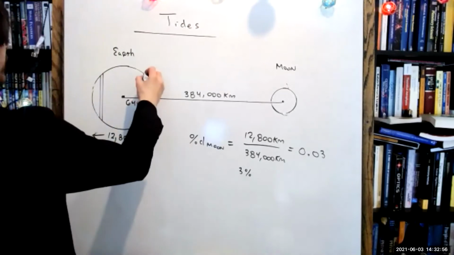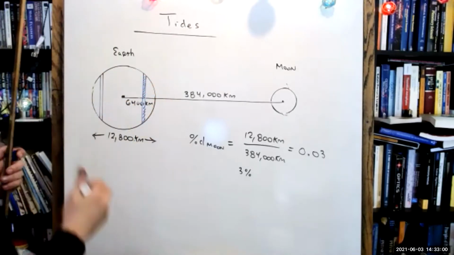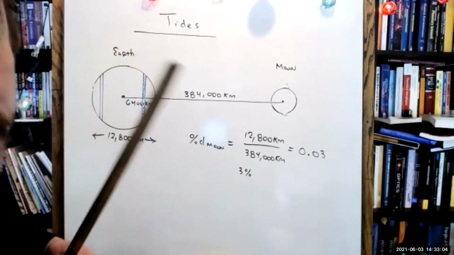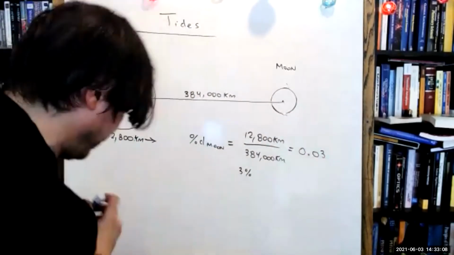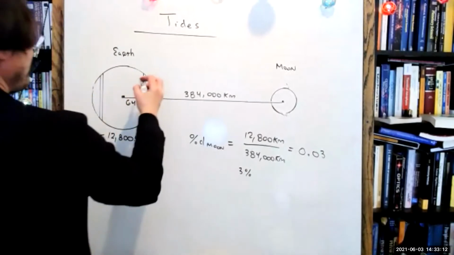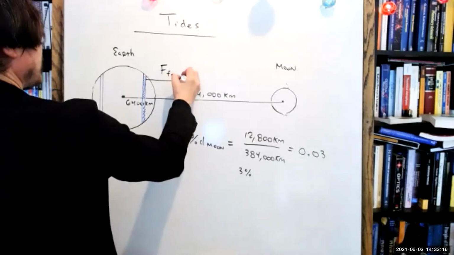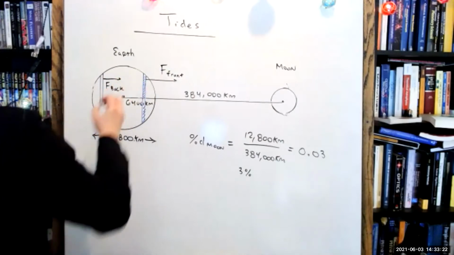Roughly speaking, it's fair to say that the front slice of Earth is 3% closer to the moon than the back slice of Earth. And both of those slices have some small mass associated with them. If I calculate the force of gravity, the force exerted on the front slice of Earth will be stronger than the force exerted on the back side of Earth.